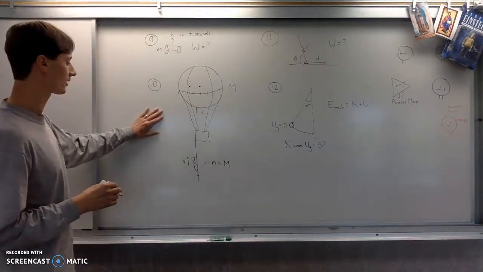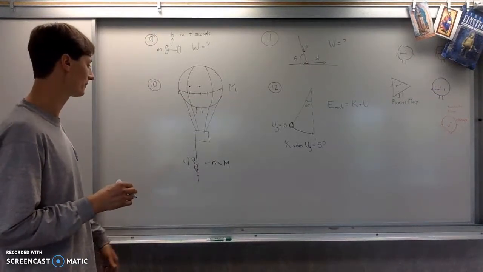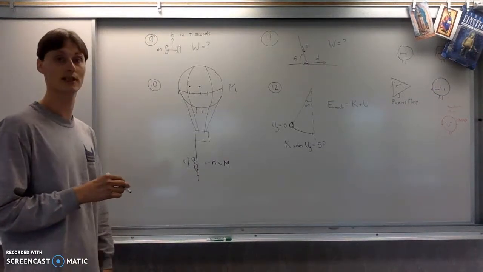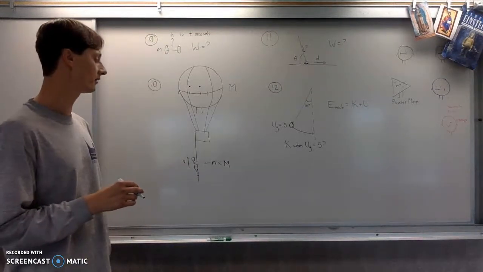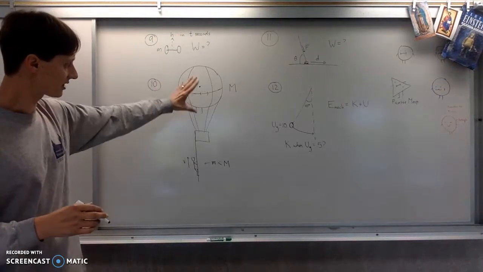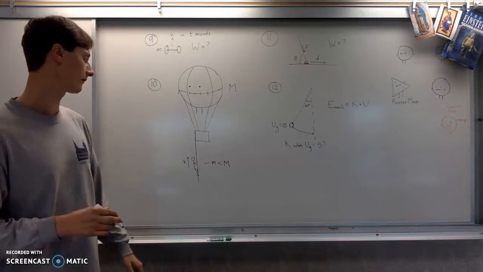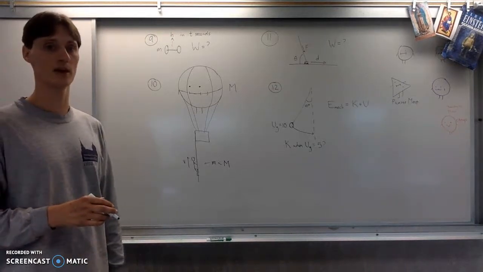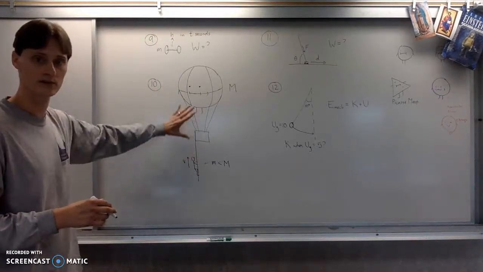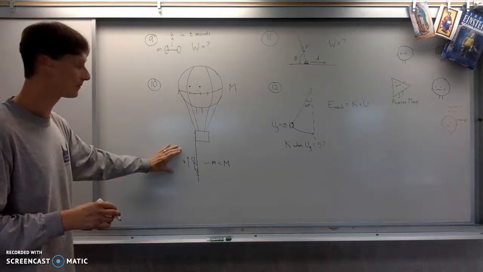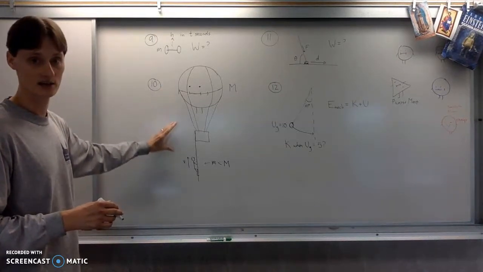All right, number 10. So it says we have a balloon here of mass m, and this fellow who's climbing it at a speed of v, and it wants to know about the speed of the balloon. So if the whole system is initially motionless, and then this guy begins to climb upwards, what that necessarily implies is that since it's one system, if you've got one piece of it that starts moving this way, the rest of it has to go the other way, right?